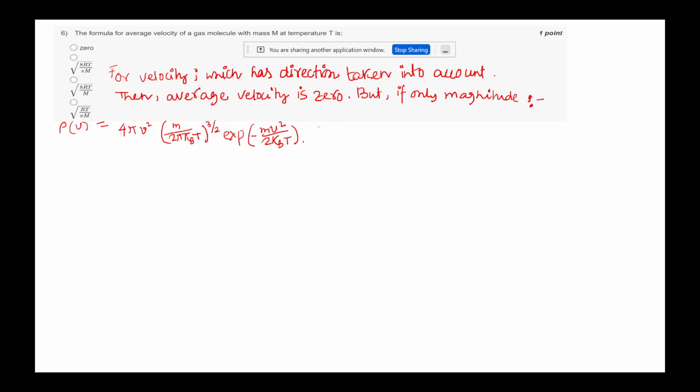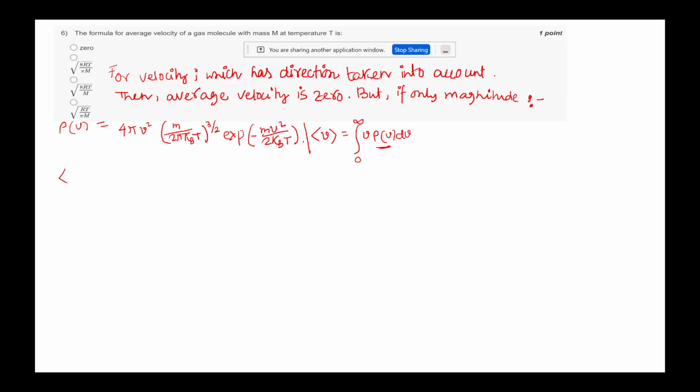So from this point of view, v average, since it is only speed, it will be only positive, from 0 to infinity, right Tathagato? Yes, this will be the integral of v rho(v) dv, right? This is the integral form.